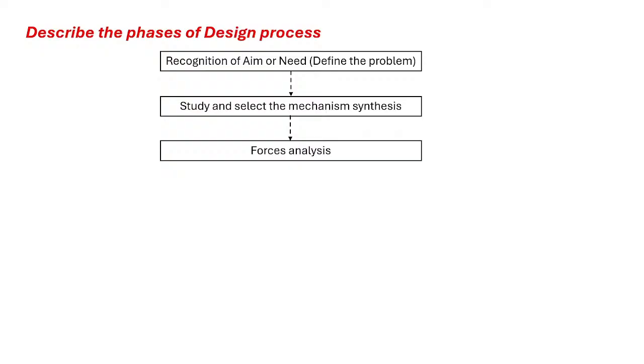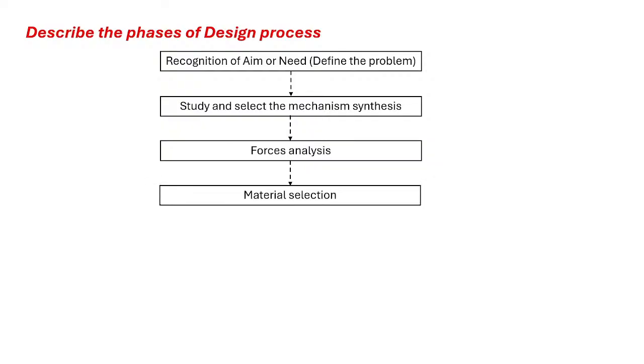Next is force analysis. The action of forces on the machine component is analyzed. After that, the material needs to be selected so that the machine or machine component works for a desirable period of time.